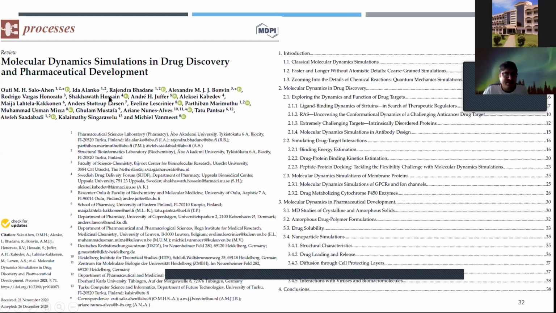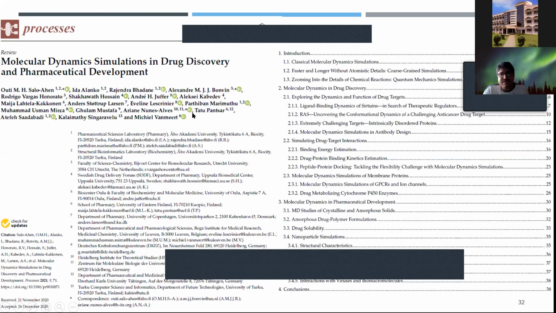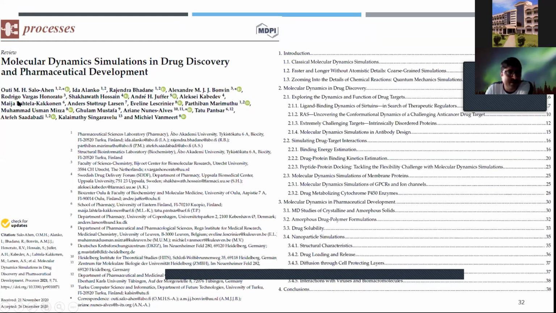This paper is published along with top scientists in the field, like Alexander Bonvin, who is the founder of HADDOCK, and Rodrigo Honorato, and Andre Zufor, Alexei Krabatev, who are very key persons doing the MD simulation of nanoparticles from Uppsala University, and we have quite a good collaboration on these aspects.